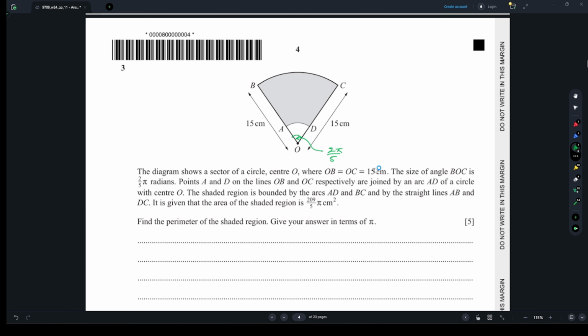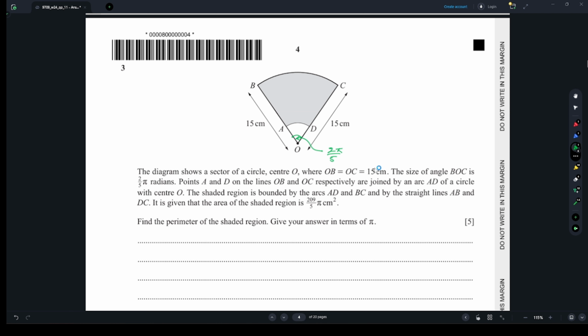And then points A and D on the lines OB and OC respectively are joined by an arc AD, of a circle with center O. The shaded region is bounded by the arcs AD and BC, and by the straight lines AB and DC.